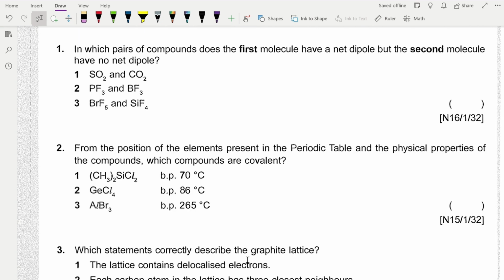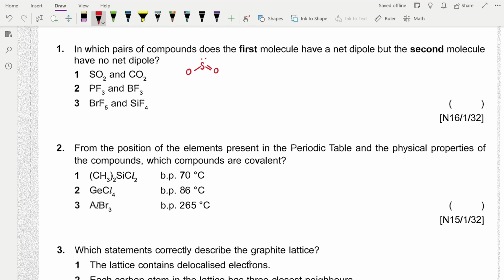There are more hydrogen bonds between water molecules than there are between hydrogen fluoride molecules. Next section, question 1. In which pair of compounds does the first molecule have a net dipole but the second does not? Let's draw the structures. Sulfur has one lone pair of electrons and it double bonds with an oxygen and it forms a single bond with one oxygen.